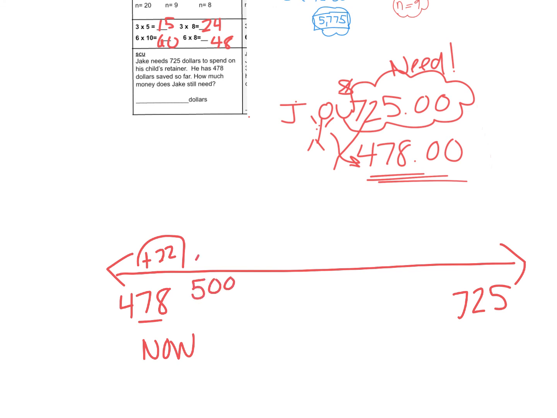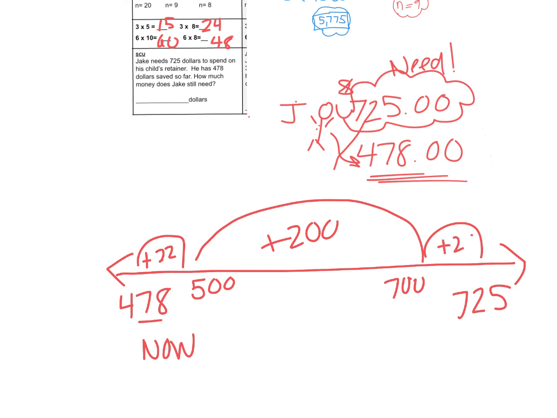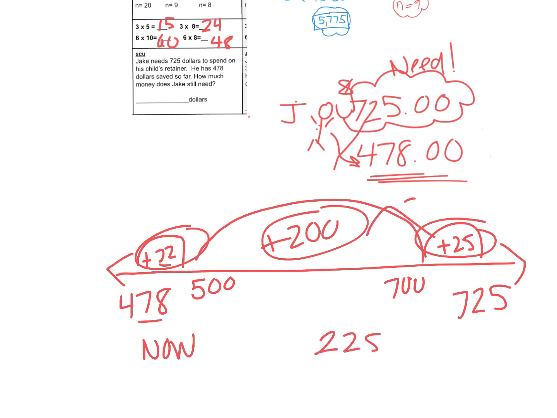Now I can take a giant jump of 200 to get to 700, and then a medium jump to get to 725. So now I need to count my jumps, what I did. I did 200, 25, and 22. So if I put these together, I would have 200 and what?